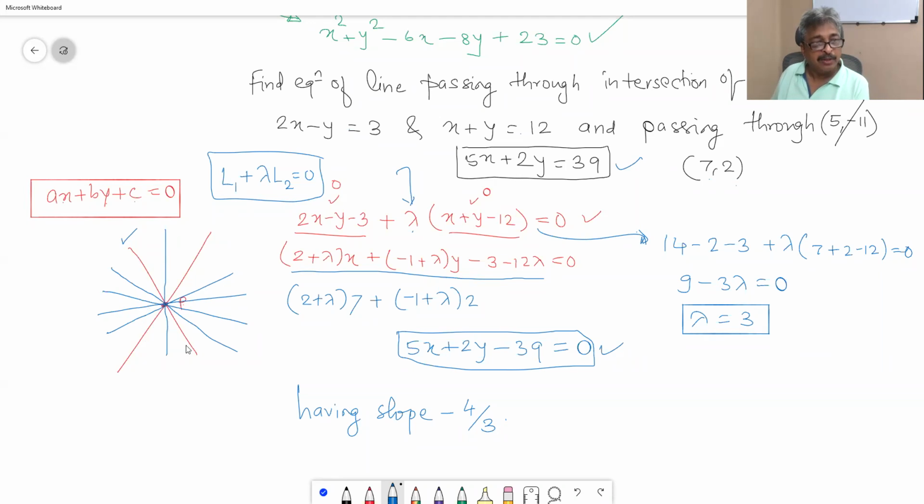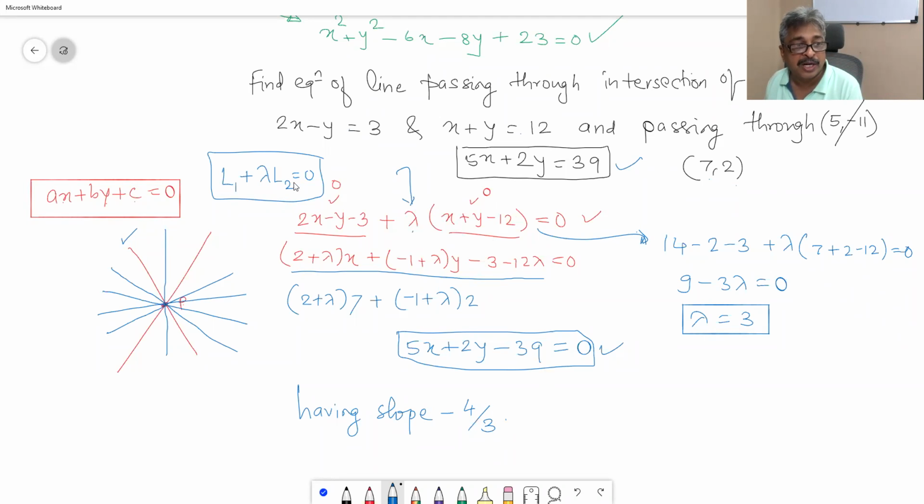So there will be a line with minus 4 by 3 slope. And now you are supposed to solve it using this, because otherwise also it is easy. But I am just trying to give you applications or importance of this method.